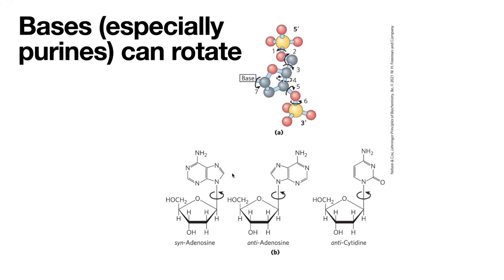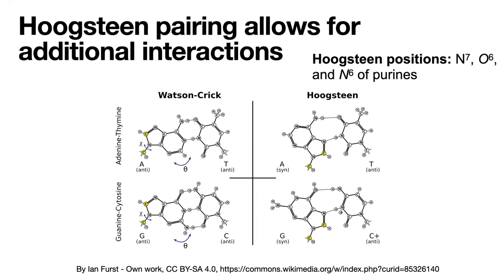But we can get these flipped forms of our purines. So remember, pure as gold: adenine and guanine. When we have these flipped conformations, now we can actually get different base pairing interactions.